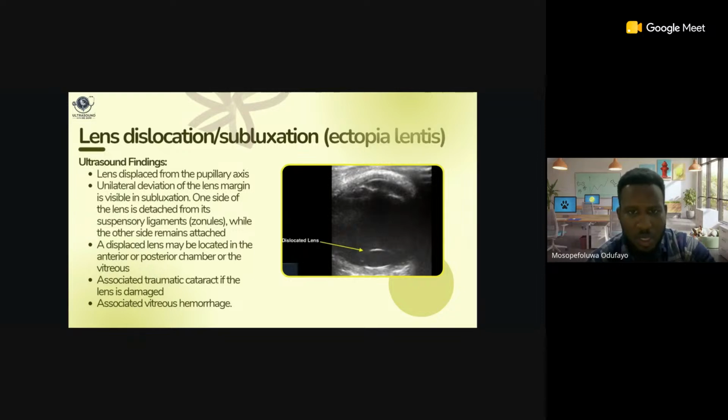This is located in the vitreous here, so within the posterior segment. Is that okay? And then also there could be associated traumatic cataracts sometimes within the lens. We will talk about cataracts shortly. And there could also be associated vitreous hemorrhage if perhaps there was a blood vessel leak.